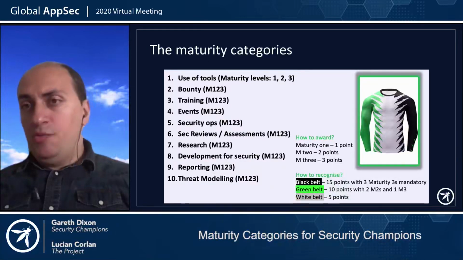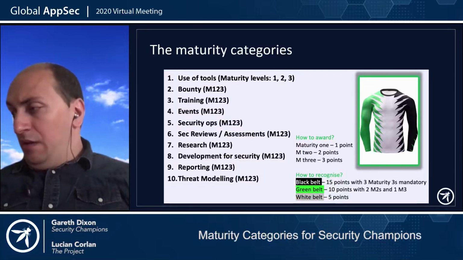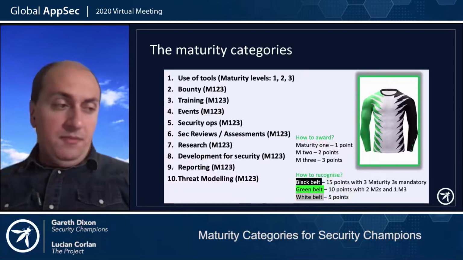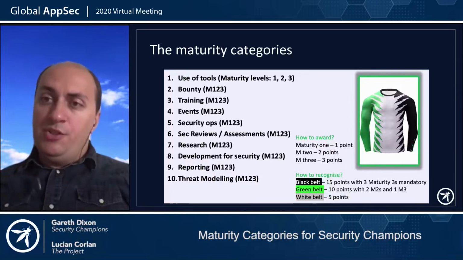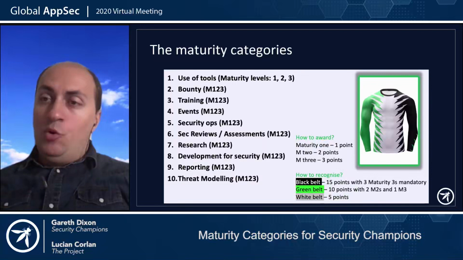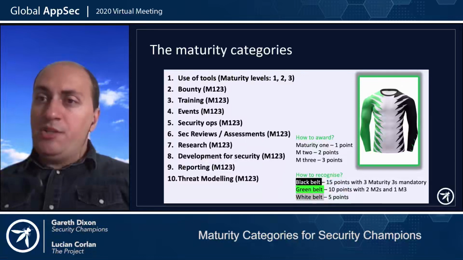Reporting. I added this one because I think reporting is important to everyone out there. You need to show the leadership of your business what you're doing. You need to demonstrate progress against your strategy. You need to show that the stats are going in the right direction.